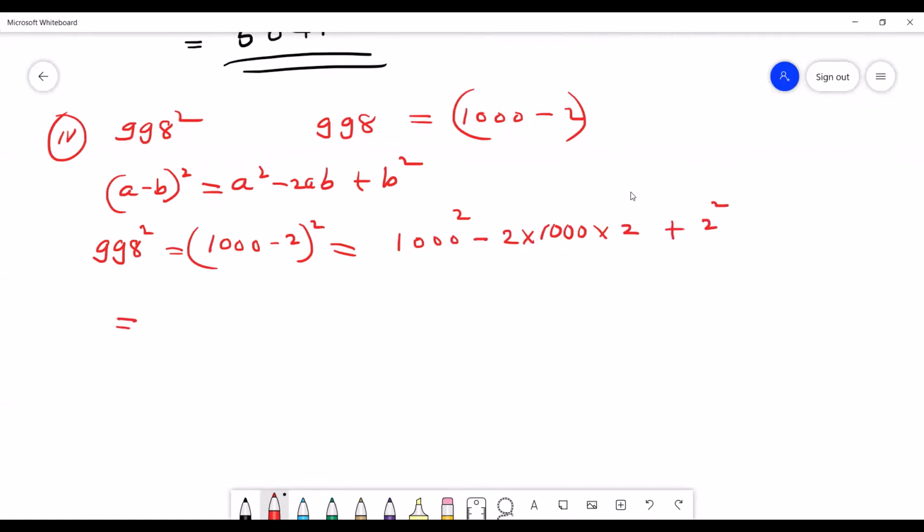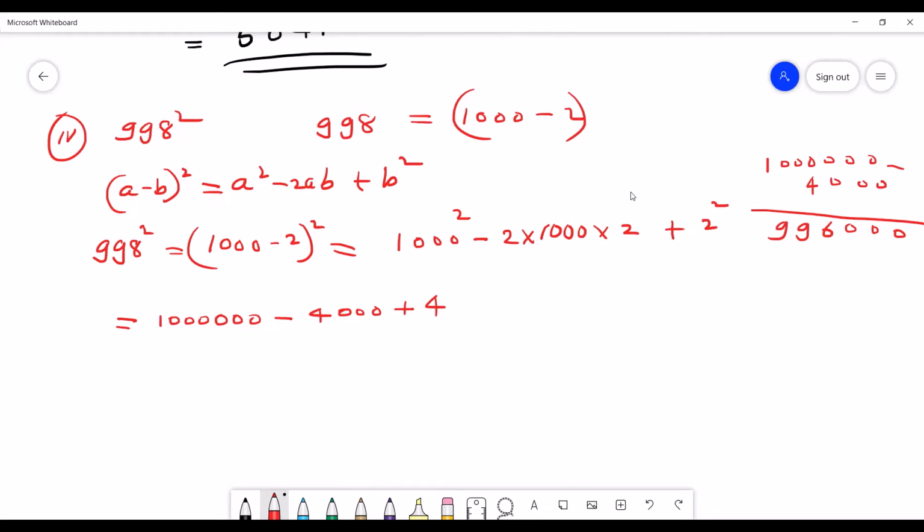So we are getting here, for squaring 1000, you add another 3 zeros, minus 4000 plus 4. So this will be equal to, when you subtract it, then you will get here 999,000 minus 4000, that is 996,000.